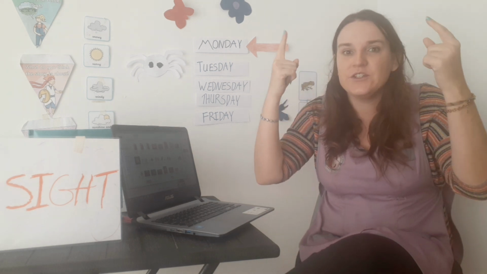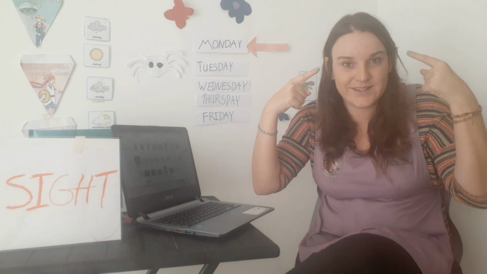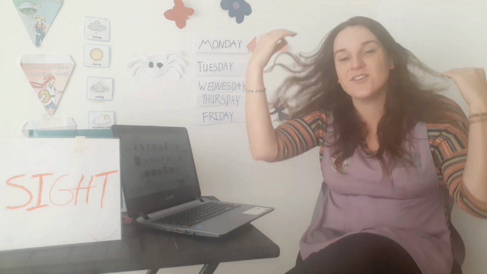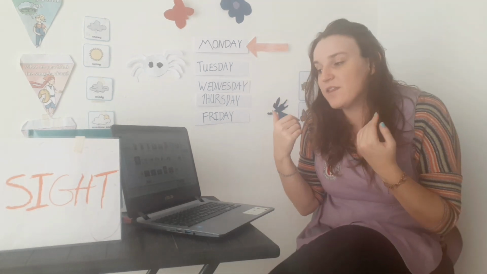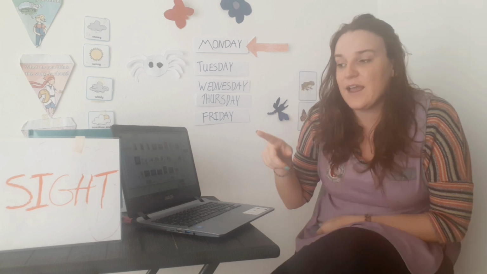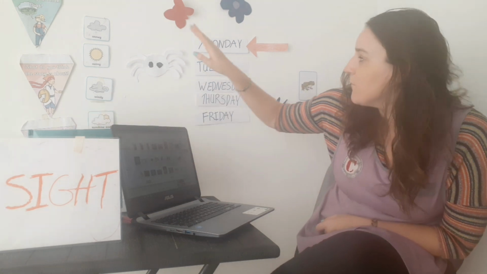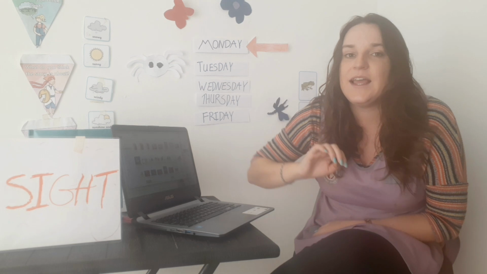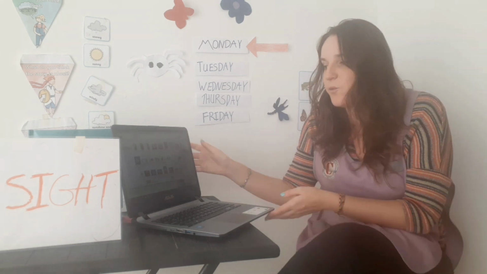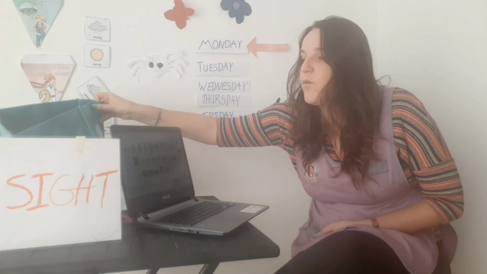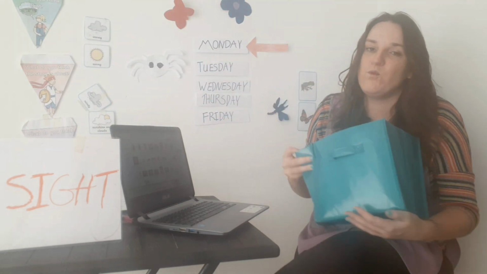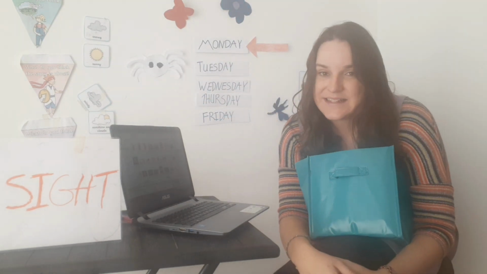No. Do we see things with our eyes? Yes, good. We see things with our eyes. And our theme for Monday's class is sight. We are going to see what things we see when we talk about insects.